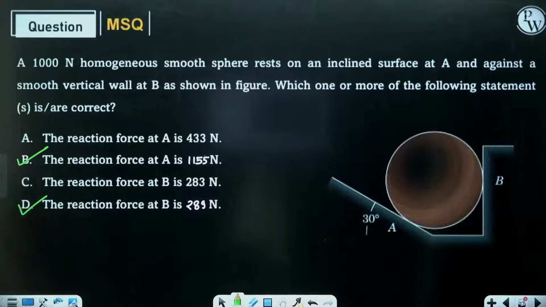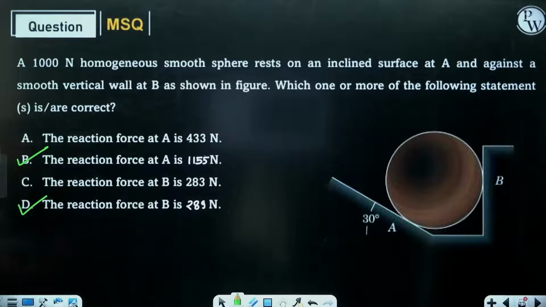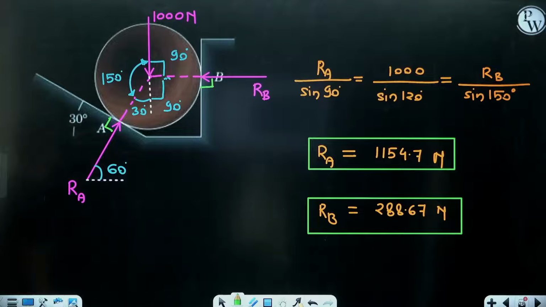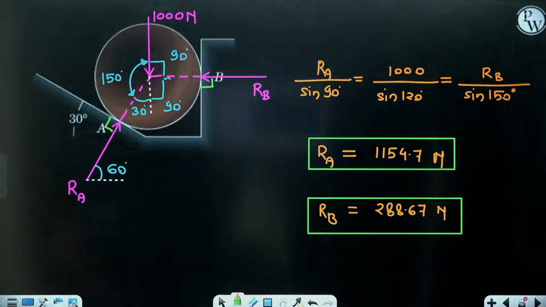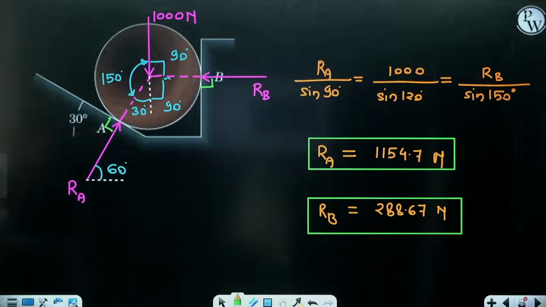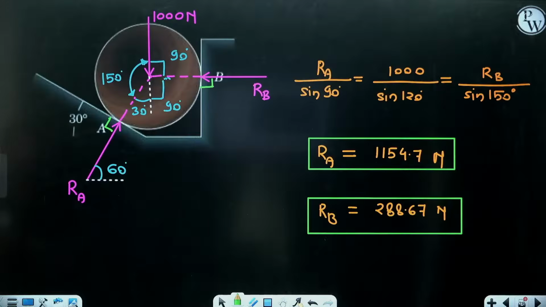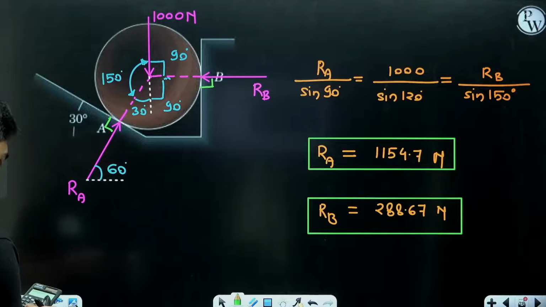There was some mistake with the question, but I have corrected the mistake. 1155, 289. So I hope this is clear. Let me check again if I am getting the correct thing. There must be some value which was wrong, that's why we are not getting the correct answer. So I have changed the question itself.